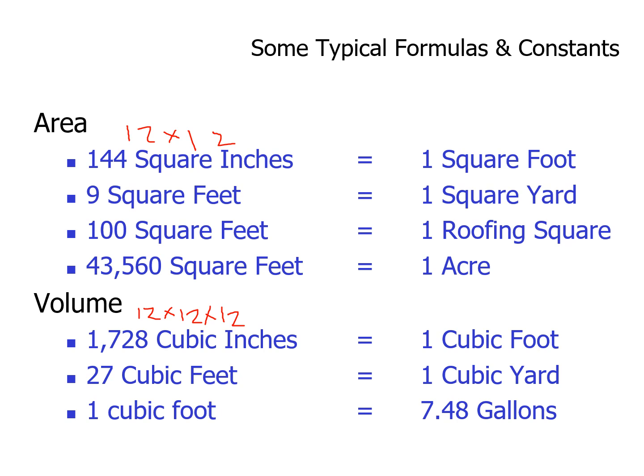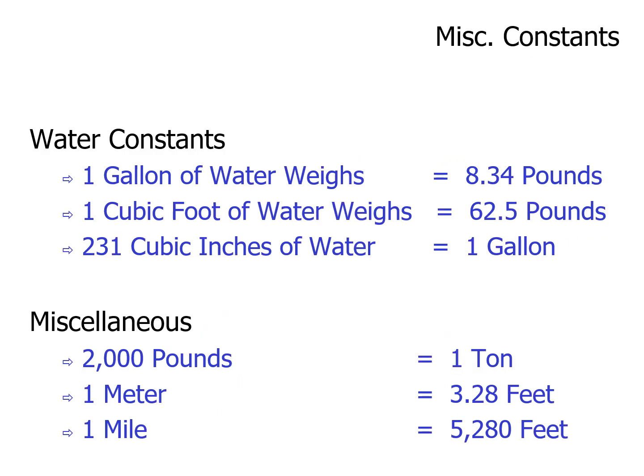Let me show you the next page of what they are. A gallon of water weighs 8.34 pounds. They took a gallon and set it on a scale, and there's what it weighed. A cubic foot of water weighs 62.5 pounds, or 62.4, either way. I rounded up because 62.5 is a lot easier to remember than 62.4, and it doesn't matter.